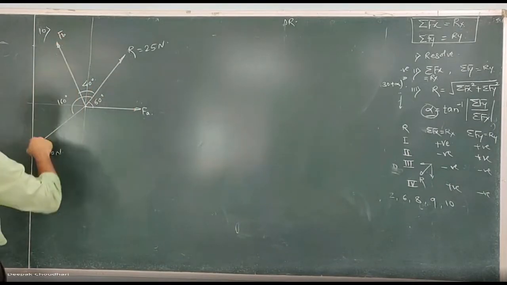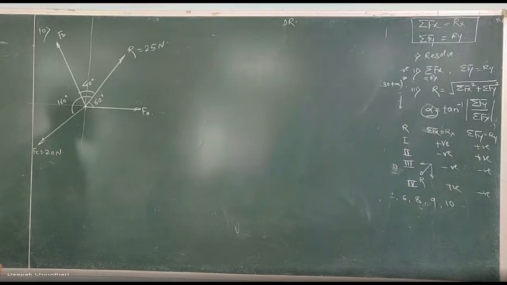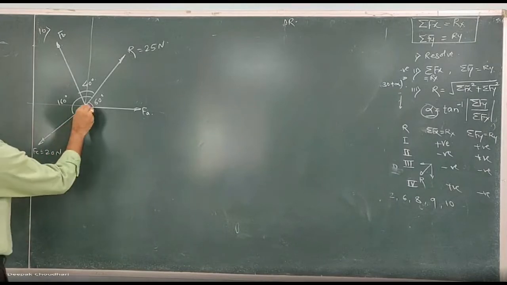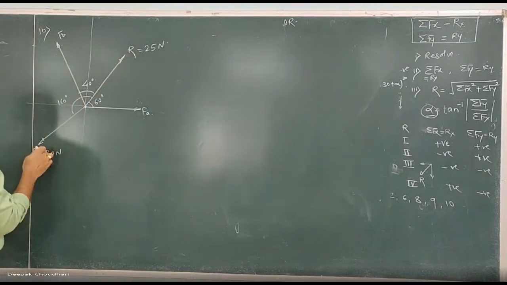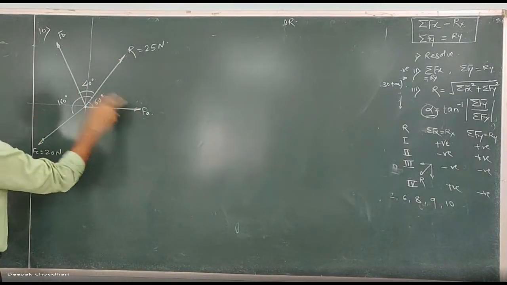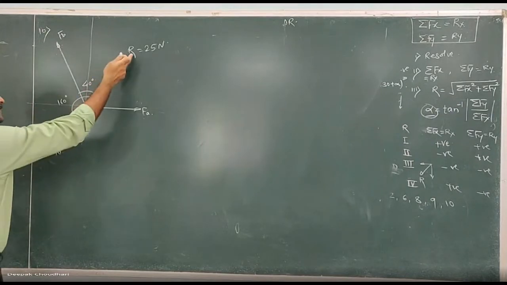And yesterday when I told you about the resolution, I told you that when we resolve a force into any number of components, the original force can be treated as a resultant.